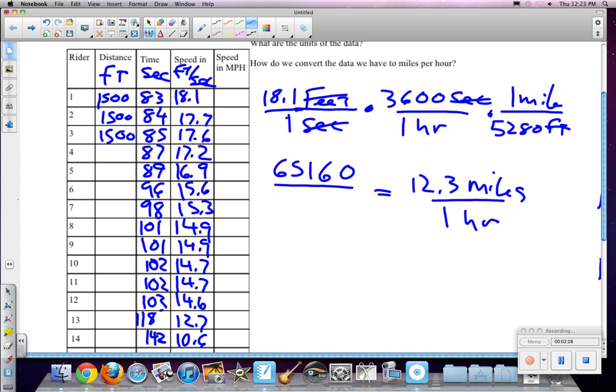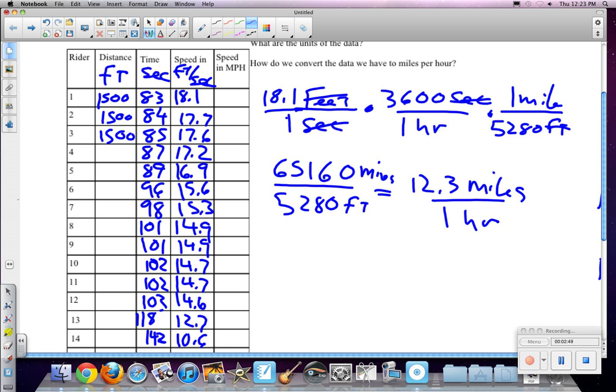Like that? Yeah, and divided it by 5,280 feet. So the feet cancel, and we get miles, right? And then Aaron divided that out and got 12.3 miles per hour. Okay, so that's one example.